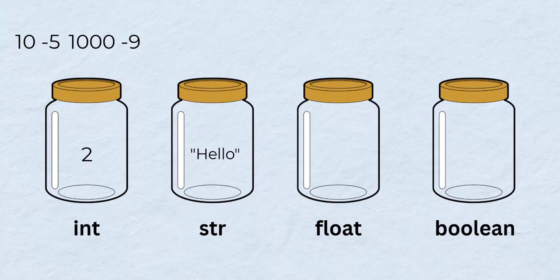Now what of floats? Floats are decimal numbers with decimal points. These are floats: 1.2, 3.5, 8.9, 3.14, all these are floats. So when you're storing such a value inside a variable, the data you're storing is of type float.